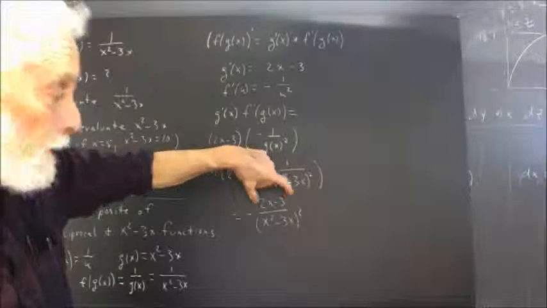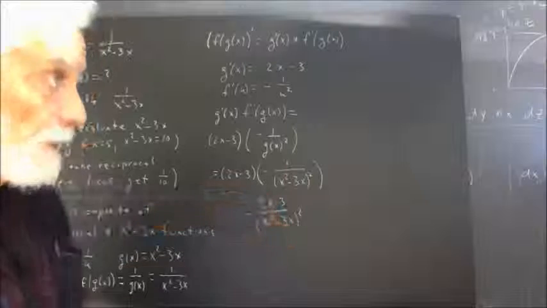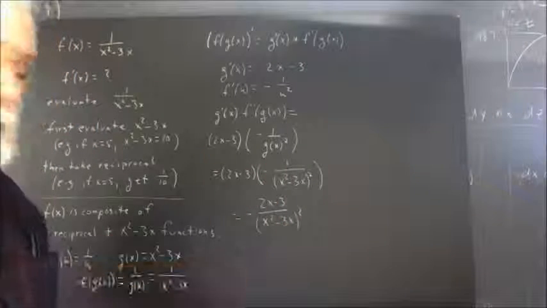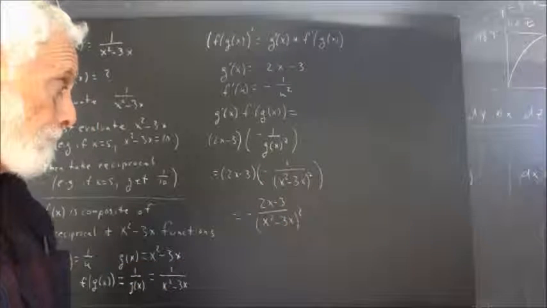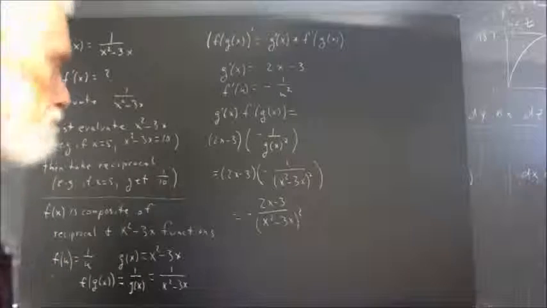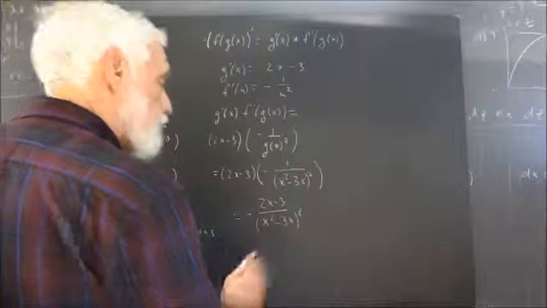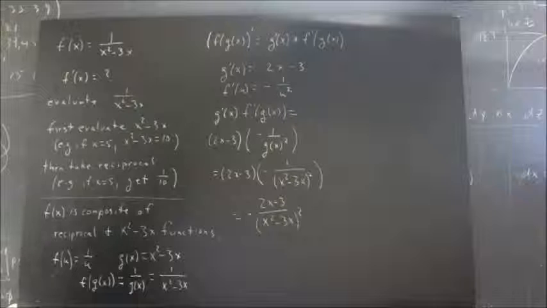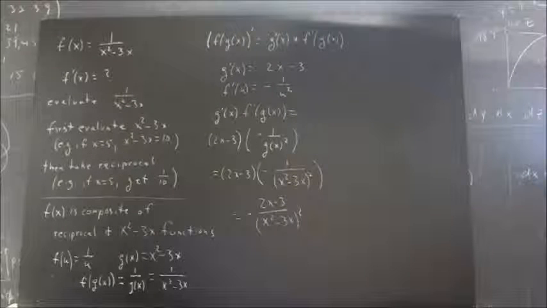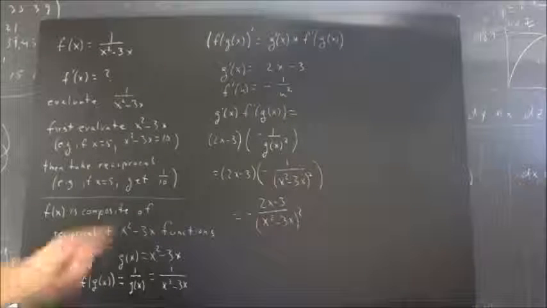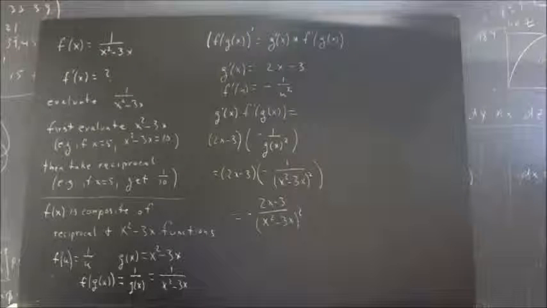This is already factored, and this factor doesn't match any factors of the denominator, so there's no further simplification that can be done. Now, the quotient rule also gives you the same result, but I'm not going to work through that. You can work through the quotient rule and see if it gives you the same result. But this is one you really want to do as a composite.